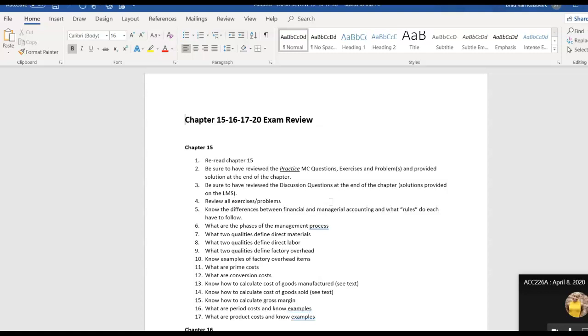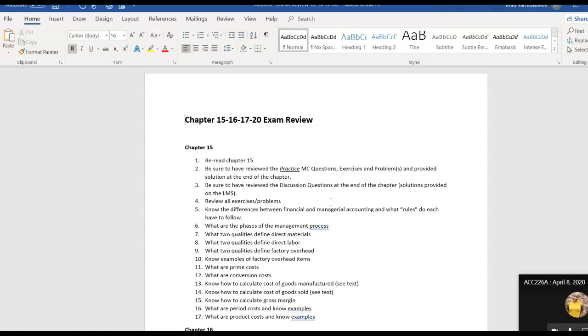And what are period costs? You know, period costs are those selling and administrative costs, and product costs are direct materials, direct labor, and overhead. And you can, of course, come up with examples for 16 and 17.